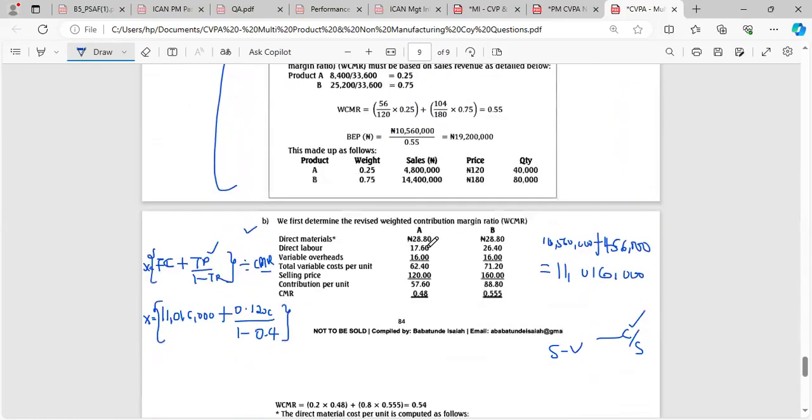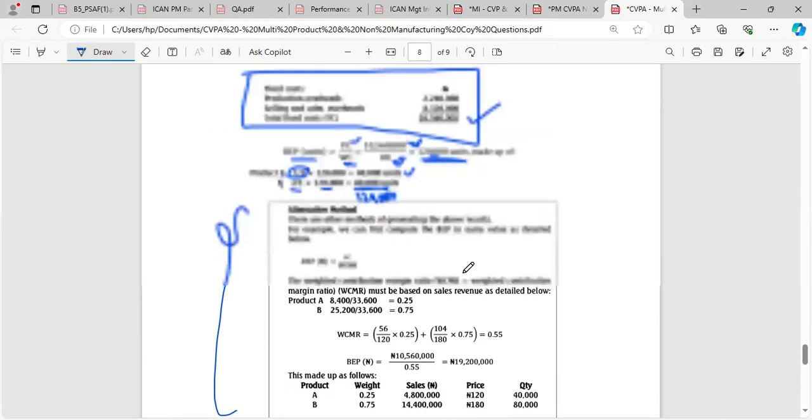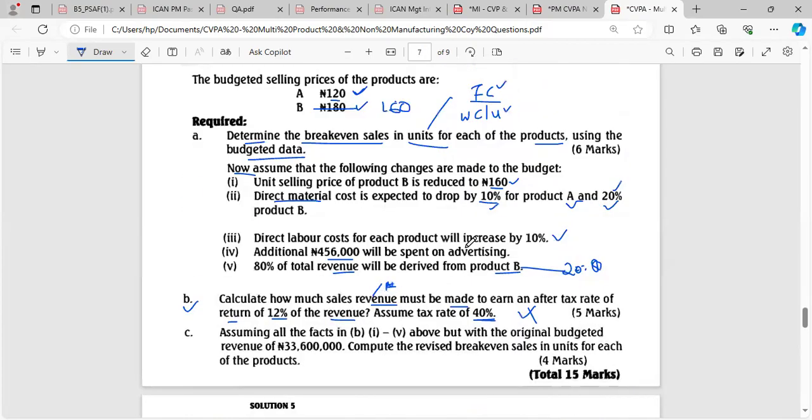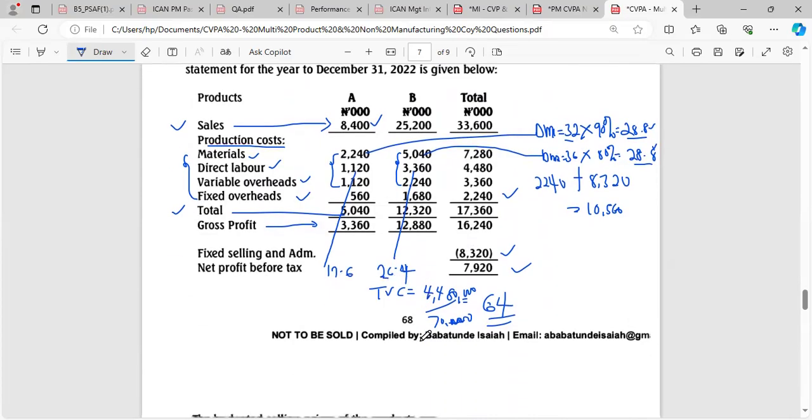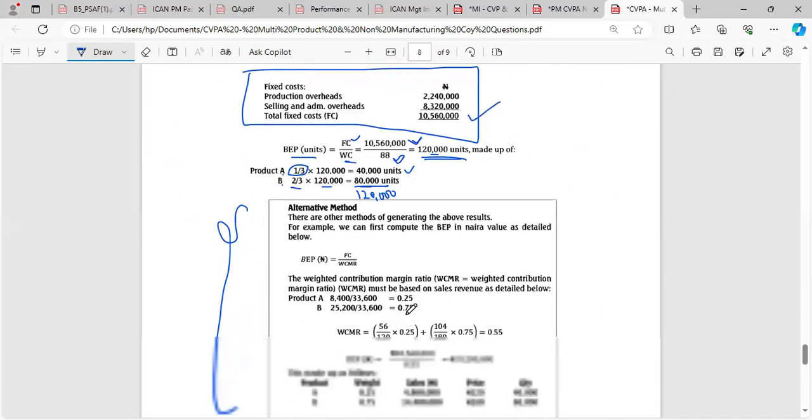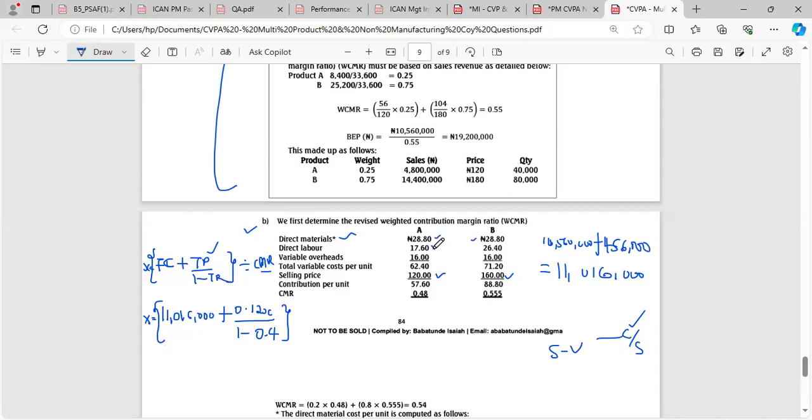We'll key this question. Don't worry. Sales 120, 160. In your own case, you can put it up and put variable cost under it. So what about our direct material cost? We've solved for it before, 28.8 and 28.8. What about my direct labor? 17.6 and 26.4, correct.